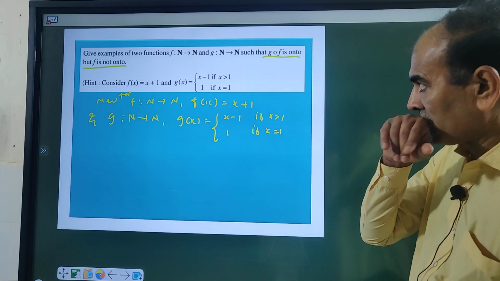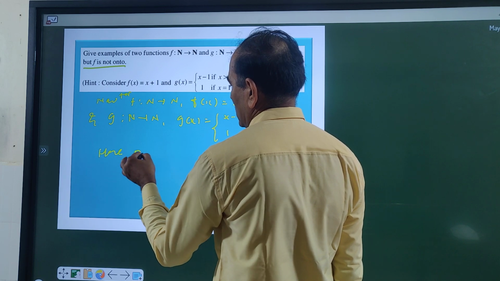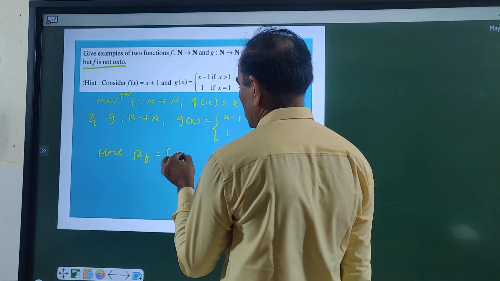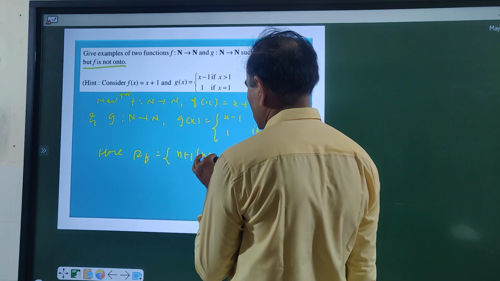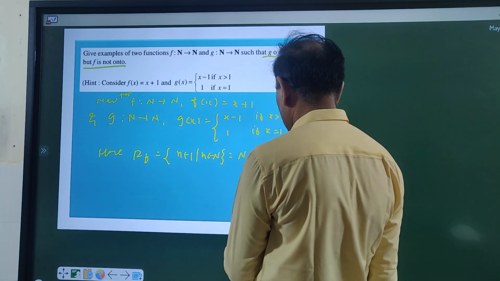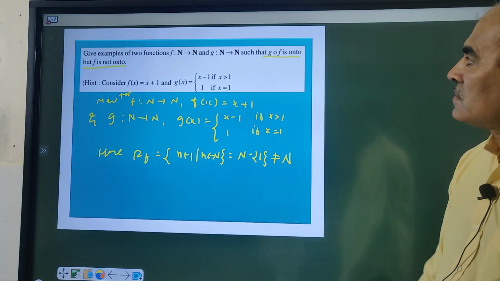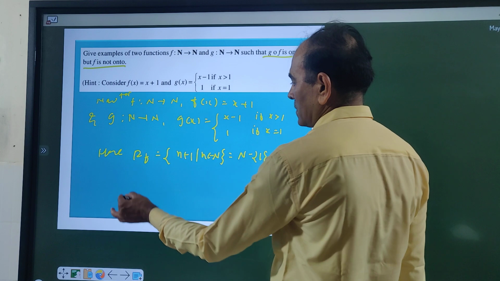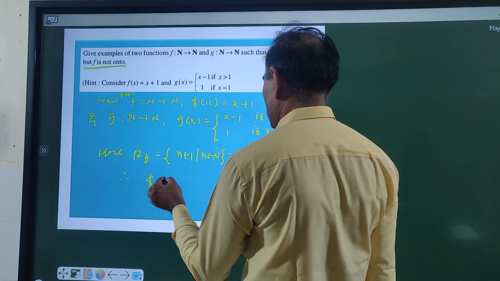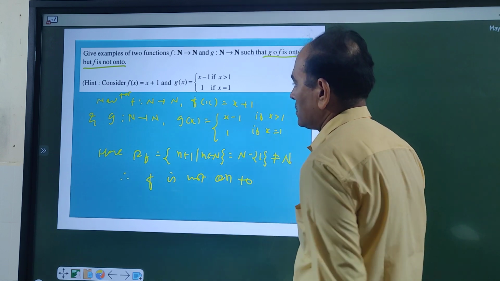Now see here, range of f is equal to n plus 1, n belongs to N, which is nothing but n minus 1, and is not equal to N. See, it is not equal to N, and therefore f is not one-one.